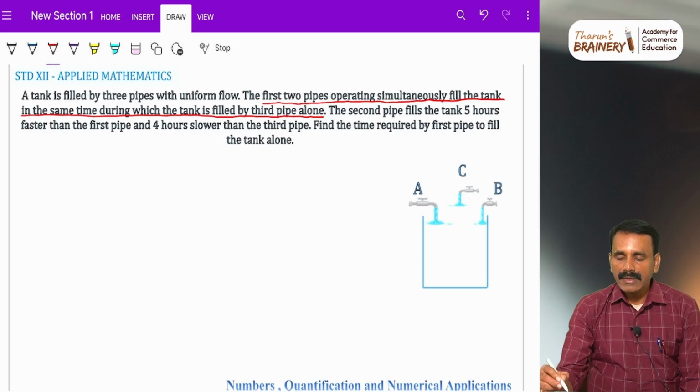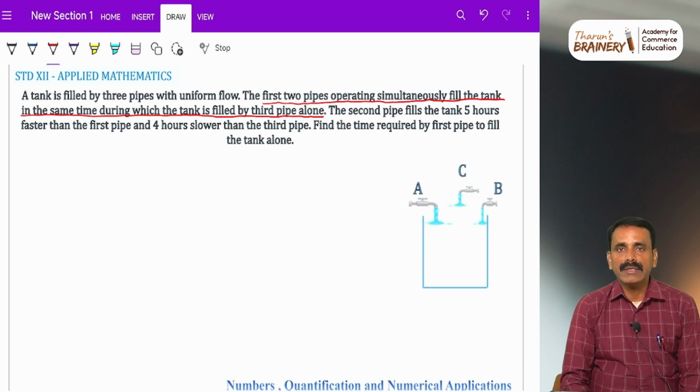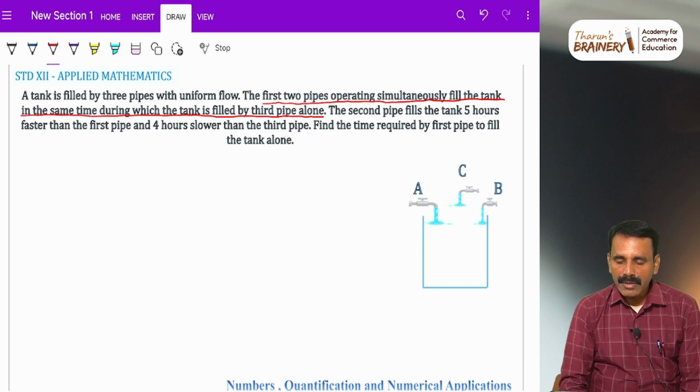The time taken to fill the tank by the pipe C will be same as the time taken by the pipes A and B together to fill the tank. Okay.